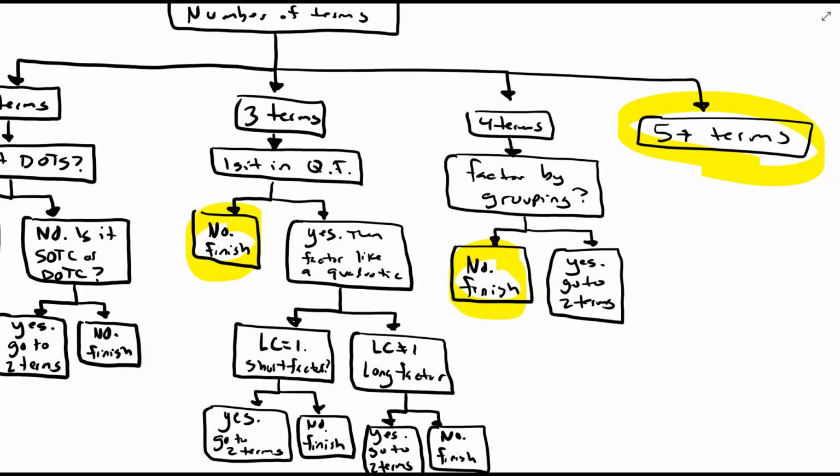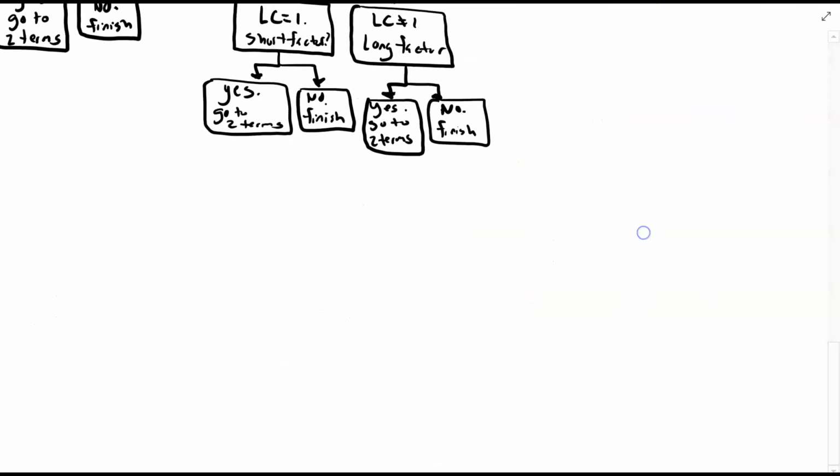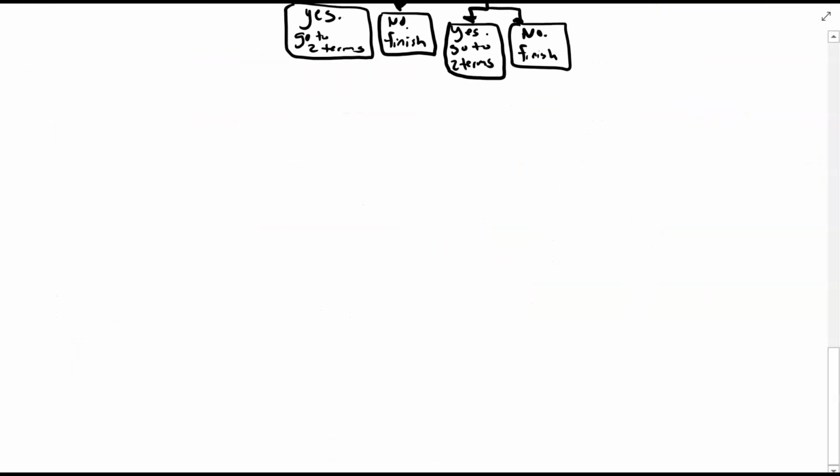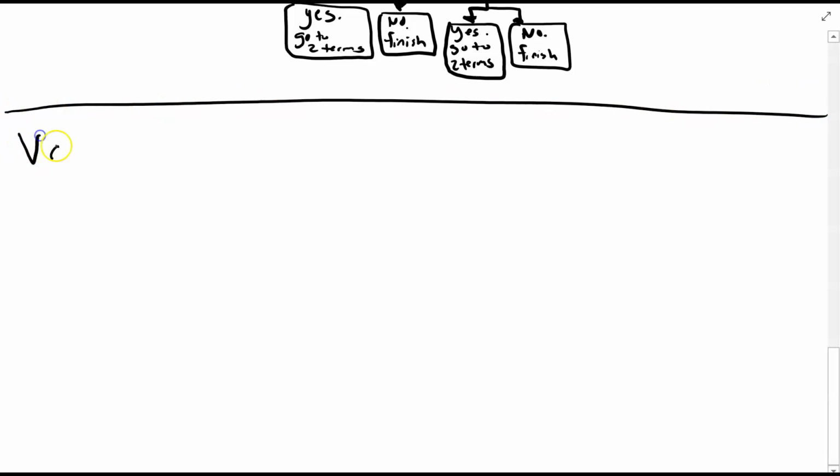Potentially could take some time. Okay? So what I want to do next is just a little bit of vocab. And then we'll start connecting what we've been doing to what we're trying to do with some examples.